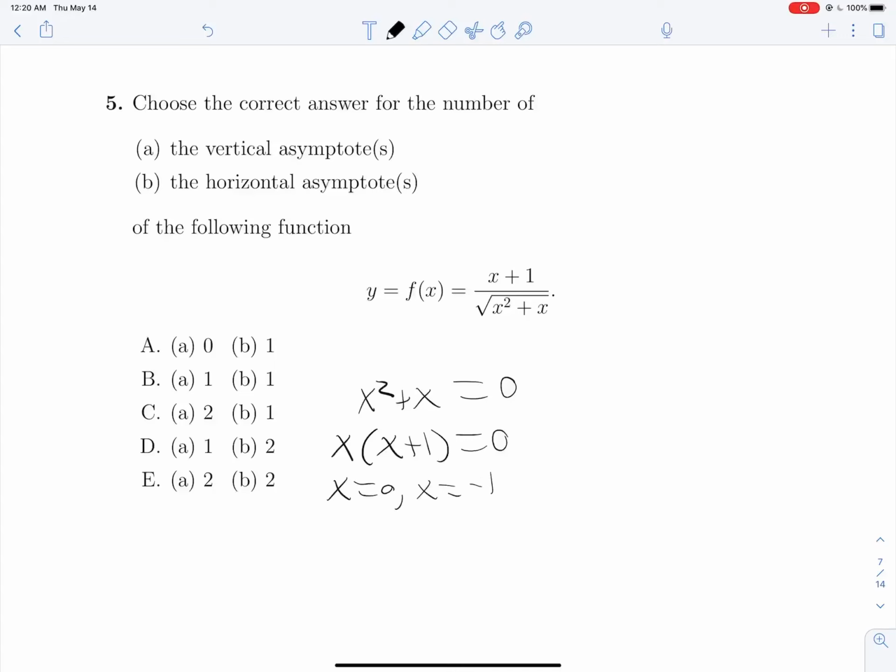So on the top, 0.999 minus 3 gives us negative something. And on the bottom, 0.999 minus 1 gives us minus something very small.